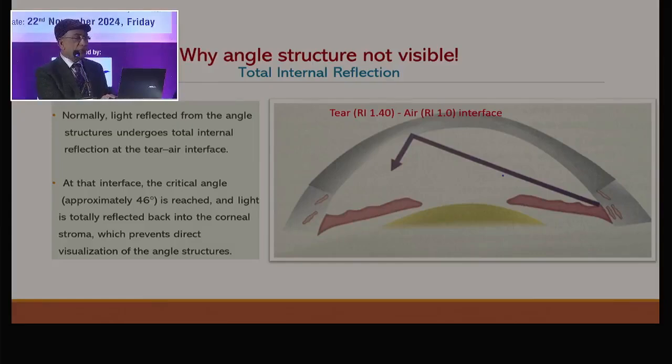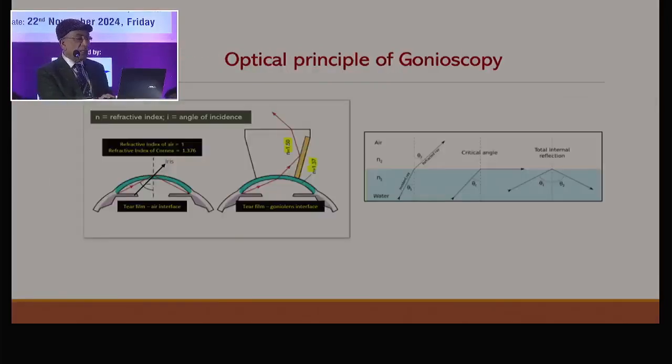It is totally internally reflected back because of the difference in refractive index. But if you put a gonio lens over here, the refractive index difference is overcome. The gonio lens is 1.5 and the cornea is 1.4, so almost similar. So the light from the angle can go directly to the mirror and you can see. This is the optical principle of gonioscopy.